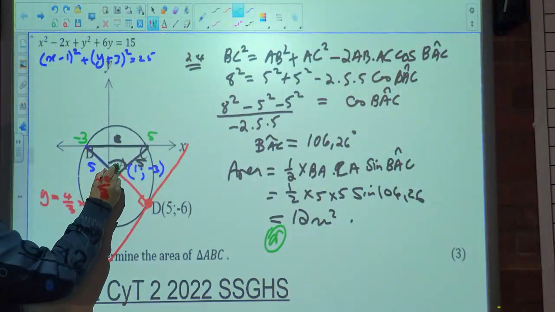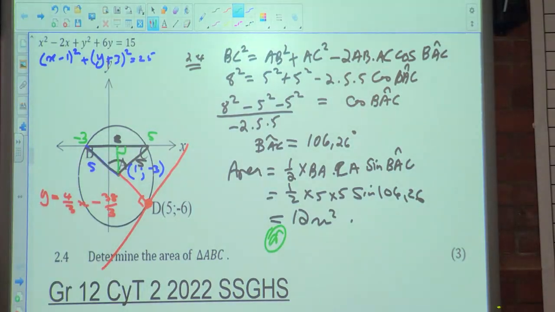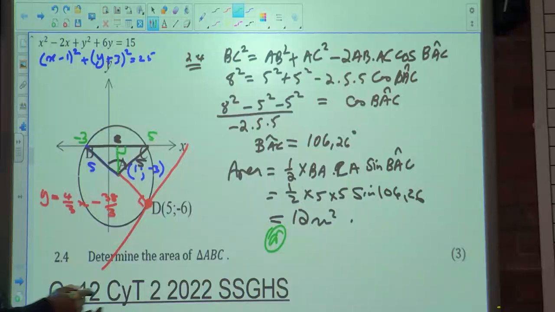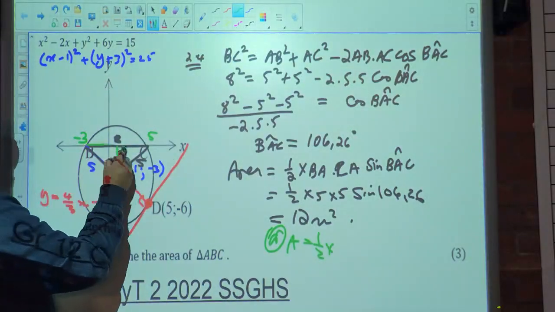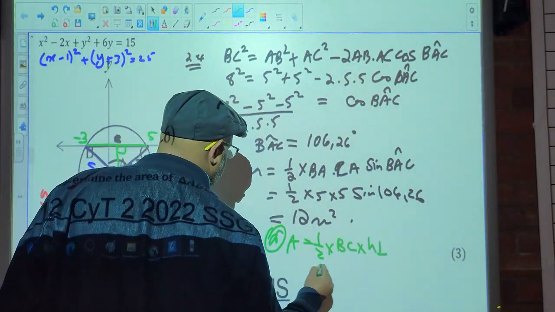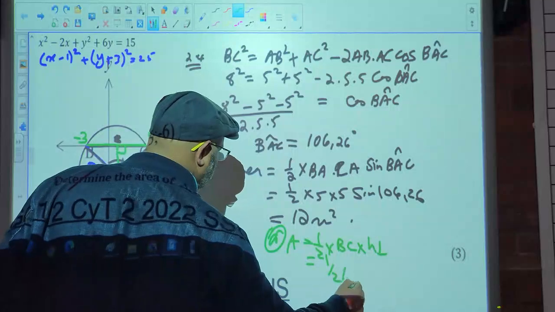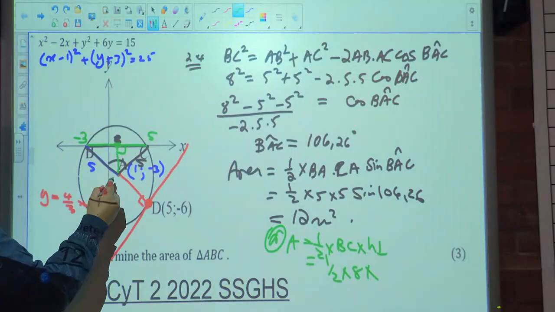You see here, if you drop a line perpendicular here, then you've got a right angle triangle anyway. So the area is equal to half base, which is BC, times the perpendicular height. So it's going to be half BC, which is 8, times the perpendicular height. You see here, this is my 0 on your y.